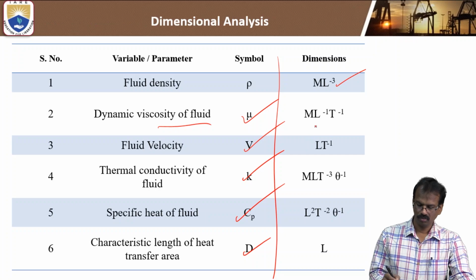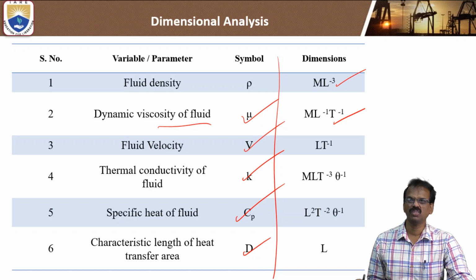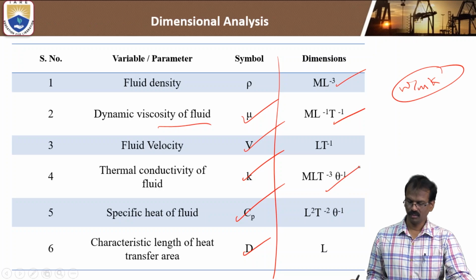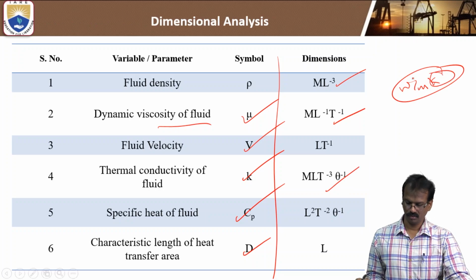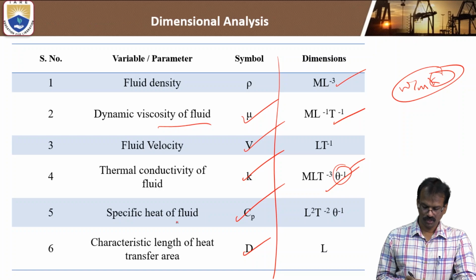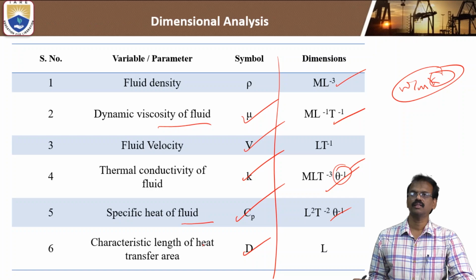Viscosity is M L to the minus 1 T to the minus 1. Fluid velocity is distance per time, L T to the minus 1. Thermal conductivity is watt per meter Kelvin, giving M L T to the minus 3 theta to the minus 1, where theta is temperature. Specific heat is L squared T to the minus 2 theta to the minus 1. Next, the characteristic length has dimension L.